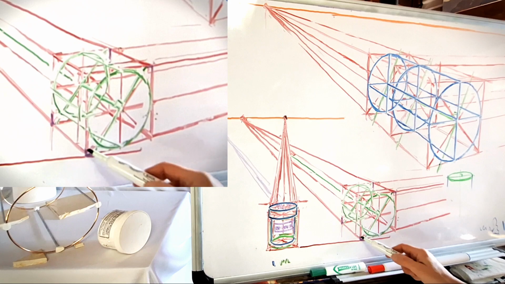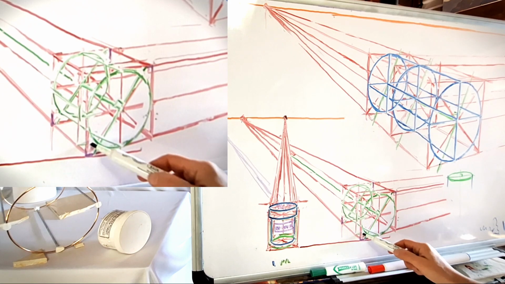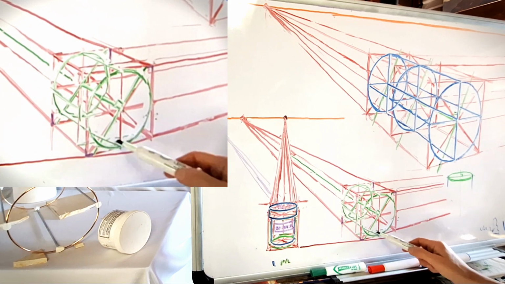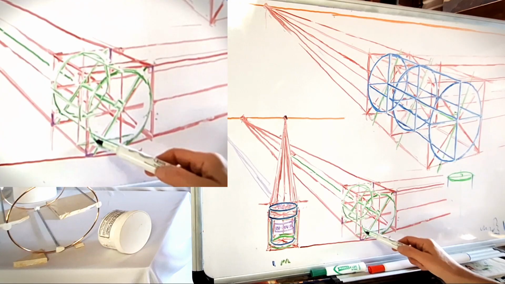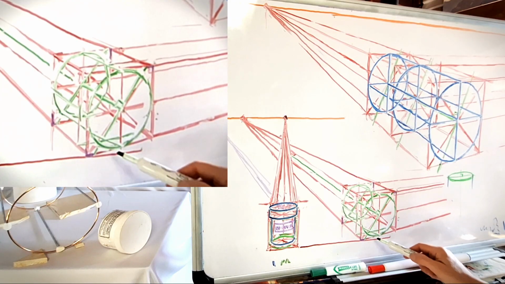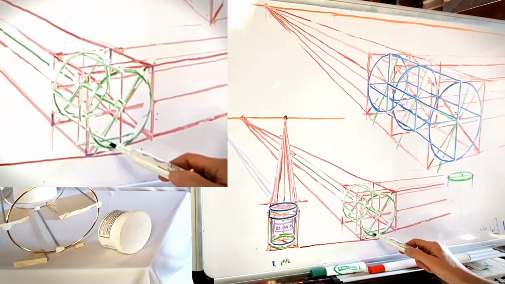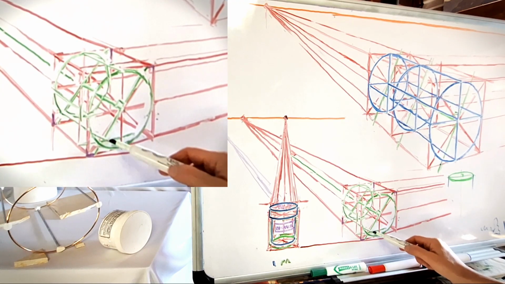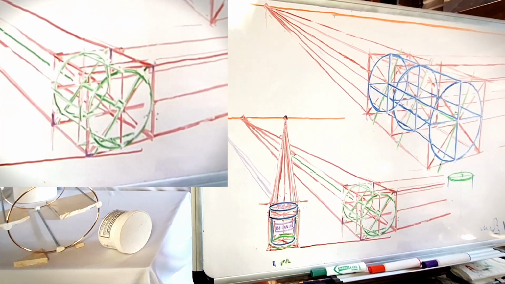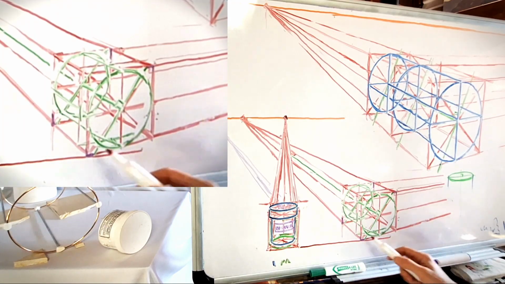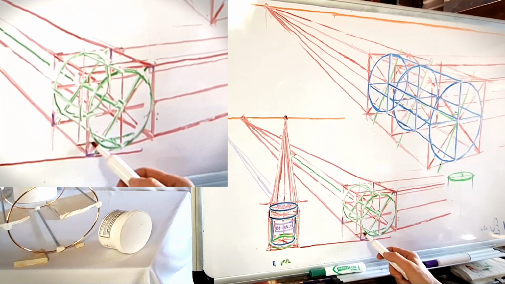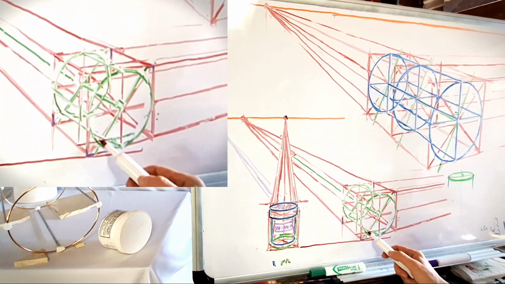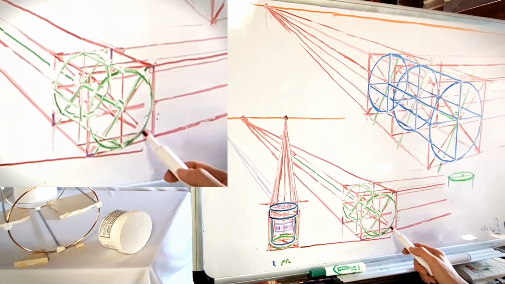The other touchdown, didn't draw the inside of it, will be right on that center, right here. Let me in fact do it in red, because this is all part of the box structure.